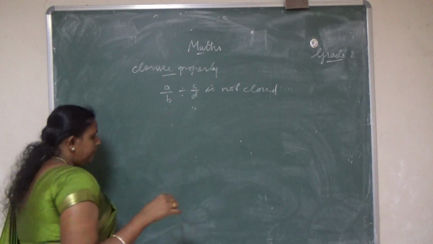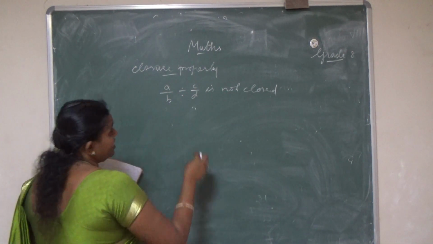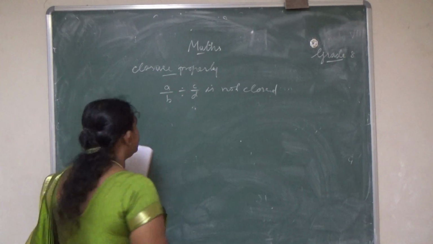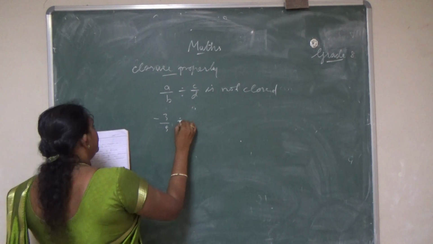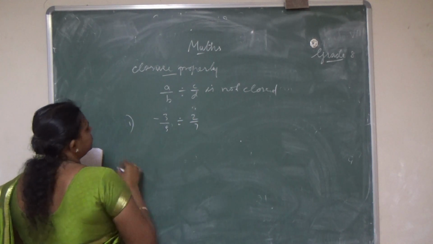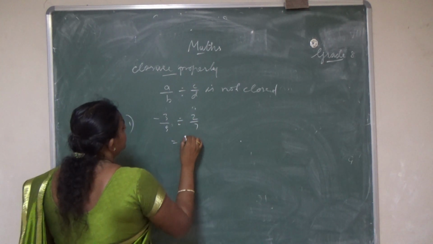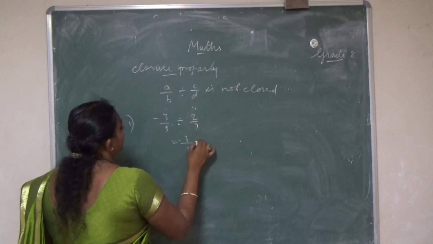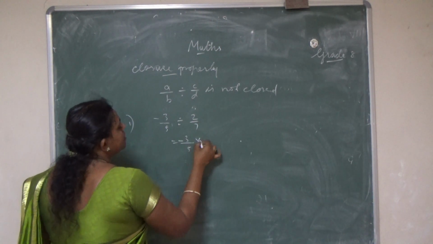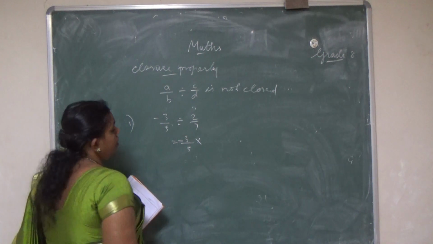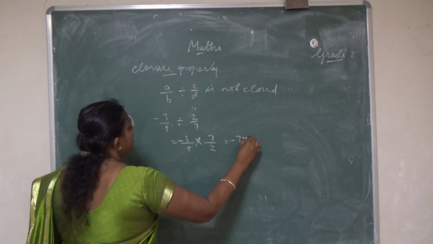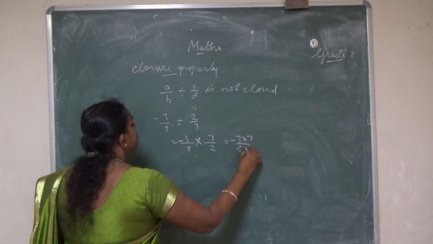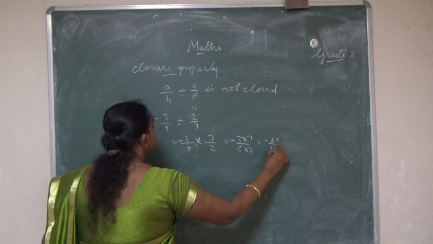So for some numbers it is closed, for some numbers it is not closed. If I take minus 3 by 5 divided by 2 by 7, example 1, how will you divide? You change the sign and write 7 by 2. So this is equal to minus 3 into 7 by 5 into 2, which is equal to minus 21 by 10.